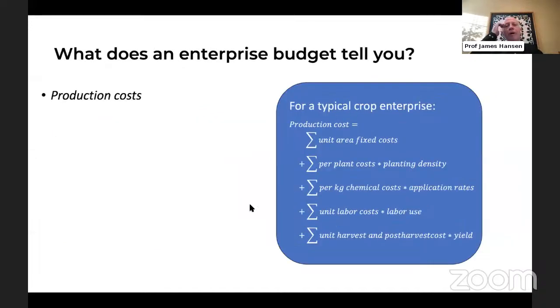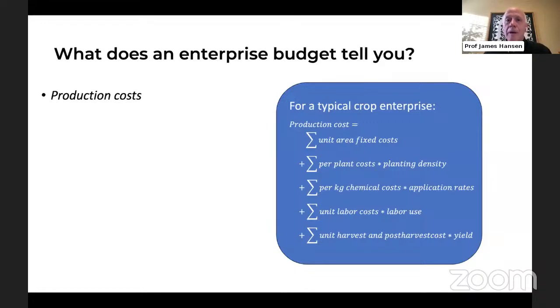So what does an enterprise budget tell you? First of all, production cost. This tends to be the most complicated part of an enterprise budget analysis, itemizing all the costs and figuring out what costs change as a function of changing management, which is very important if you're using an enterprise budget to compare the profitability of different management options.